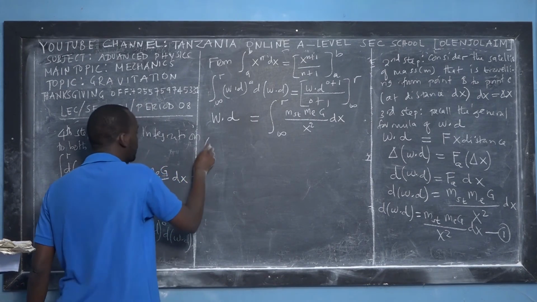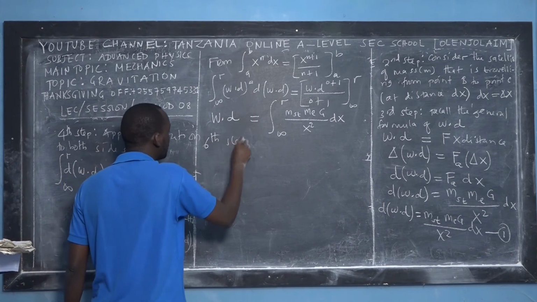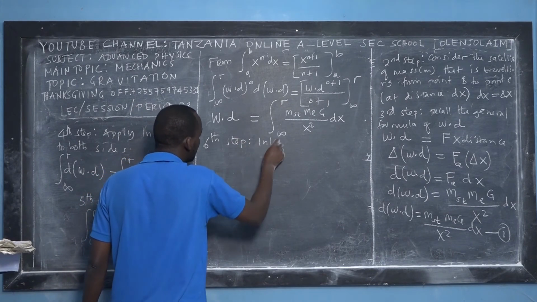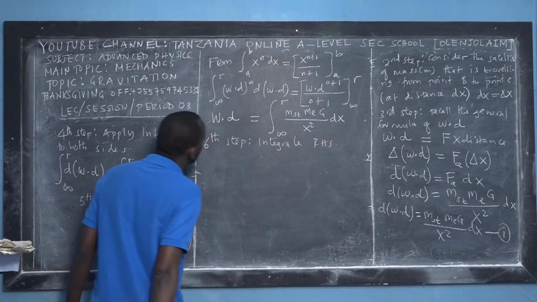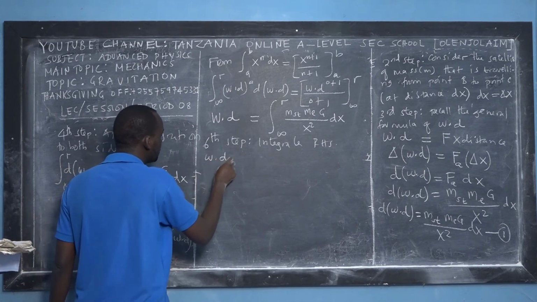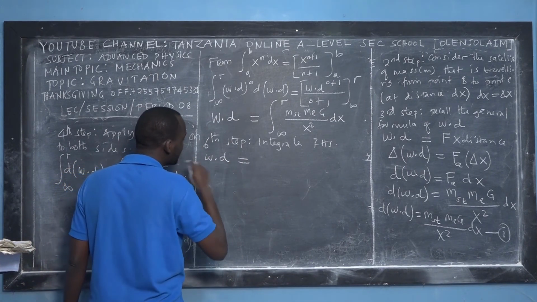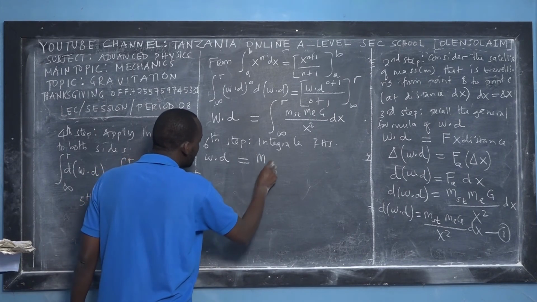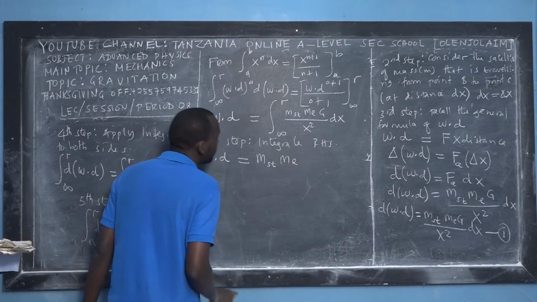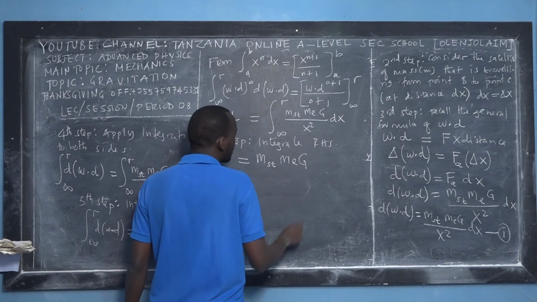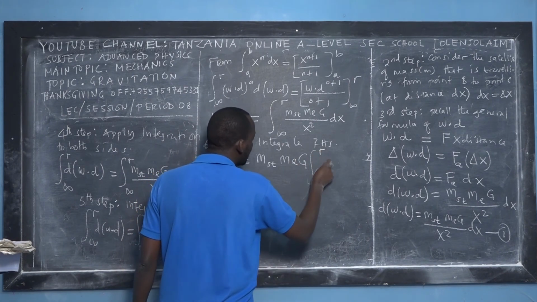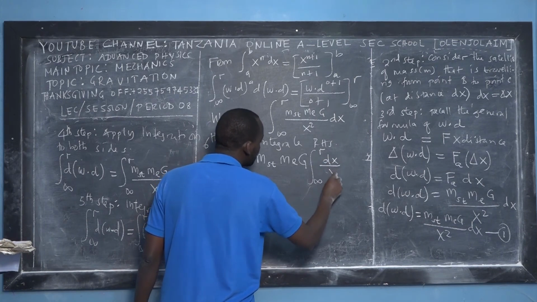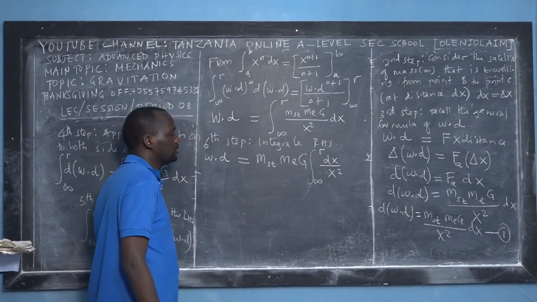This is the sixth step of this derivation. Now integrate the right hand side. The work done is equal to mass of the satellite, mass of the S, gravitational constant, then from infinity to r, dx over x squared.